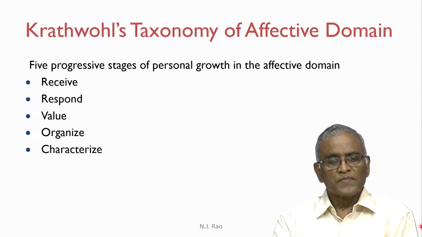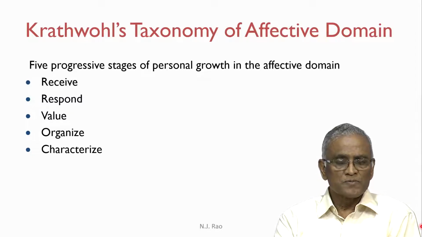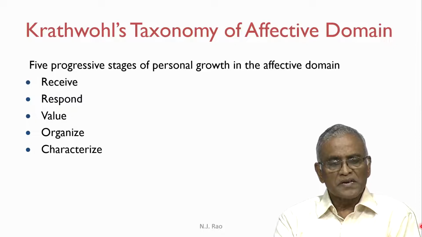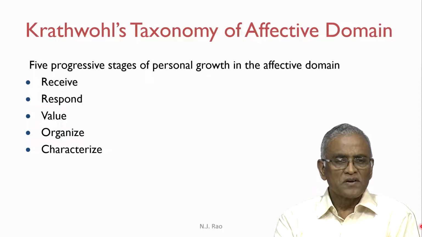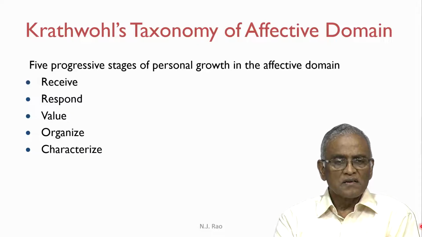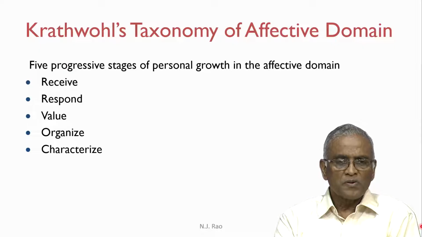Roughly speaking, receiving means when something is presented to you, you are in a mood to receive, you are not indifferent at that stage. Many times when we listen to some topic in a lecture that we do not particularly care about, we do not let that information even get into us, we do not receive that information, we just block ourselves.